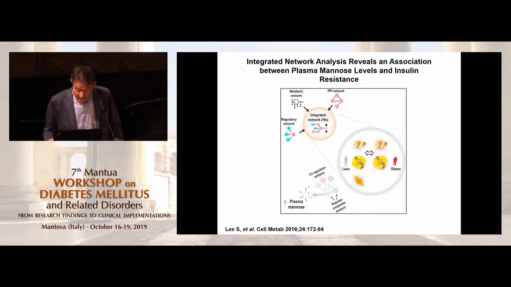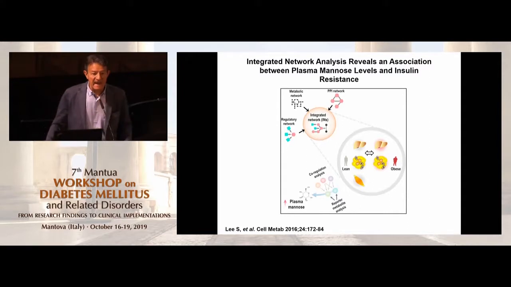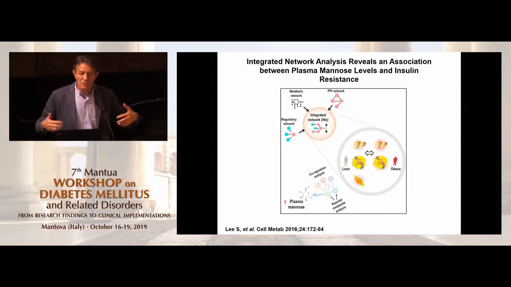And here I have to tell you that we did collaborate in a study where there was this integrated network analysis that puts together metabolomics, transcriptomics, and enzymes, and based on tissue measurements.